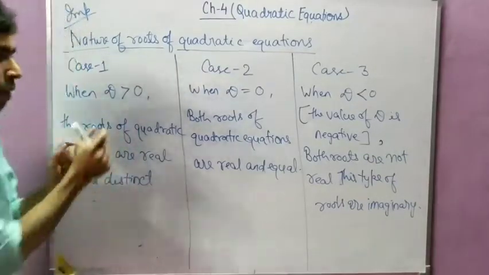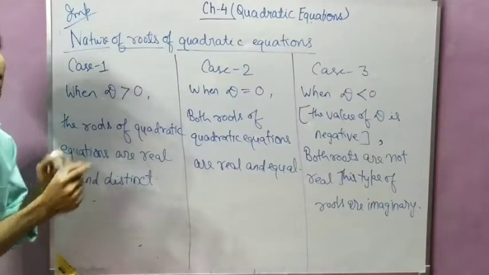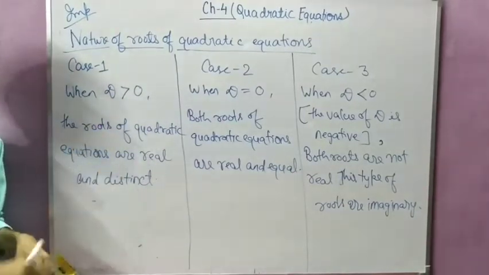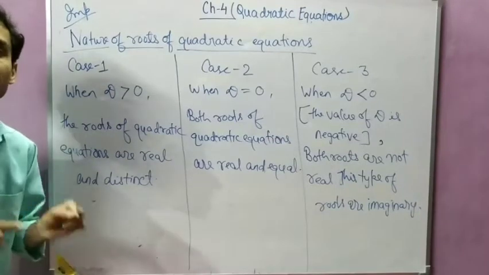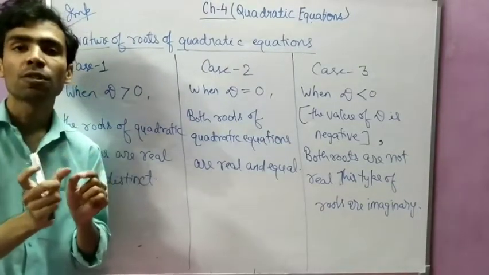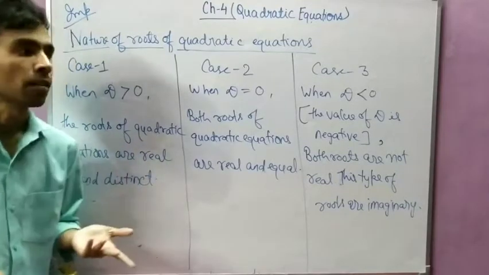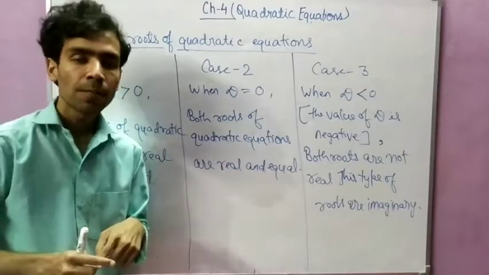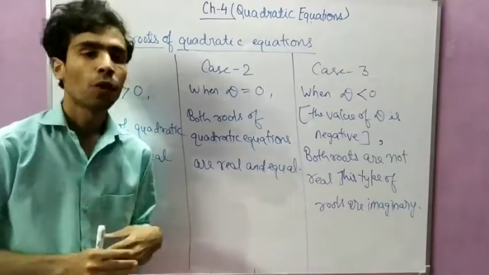In first case, when D is greater than 0 means the value of D is positive, both roots are real and distinct, means they will be real and the value of both the roots will be distinct, means different. Second case, when the D equal to 0, both roots will be real and both roots will be equal also.